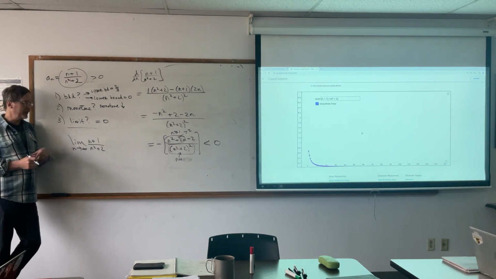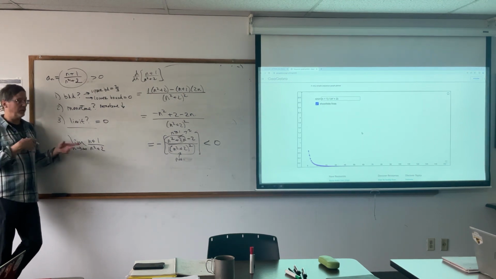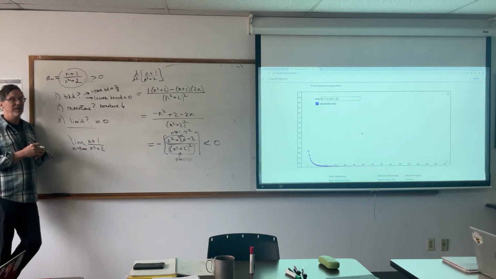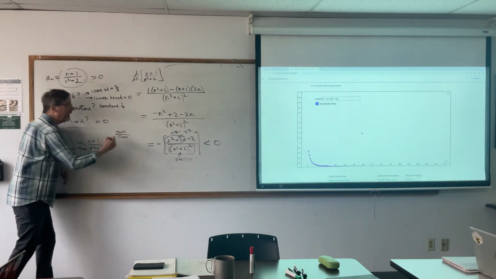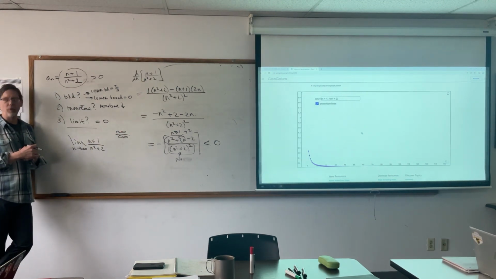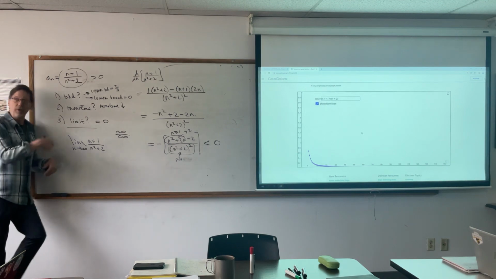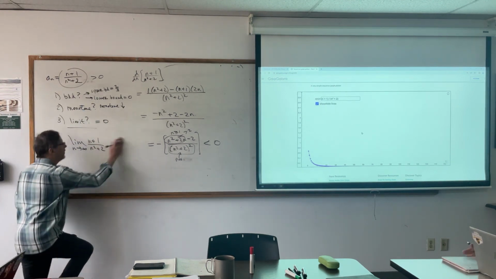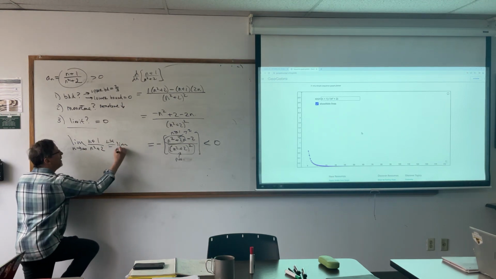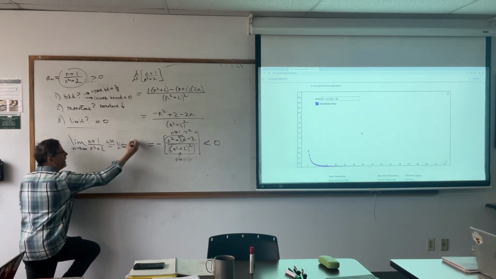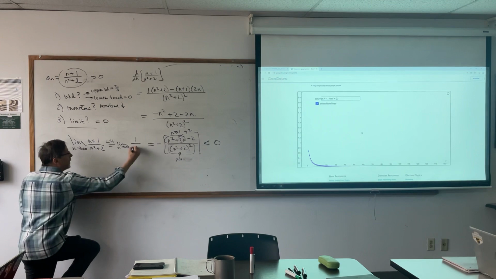What's the top going to? So n is going to infinity. What's the top doing? Going to infinity. What's the bottom doing? Yes, beautiful. So if you have one of these kind, what do you do with it? L'Hopital that sucker. So I'm going to L'Hopital it because it's an indeterminate form. So by L'Hopital's, this is limit as n goes to infinity of the derivative of the top over the derivative of the bottom.